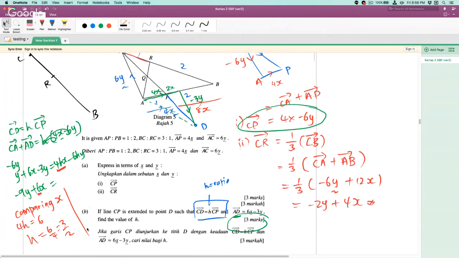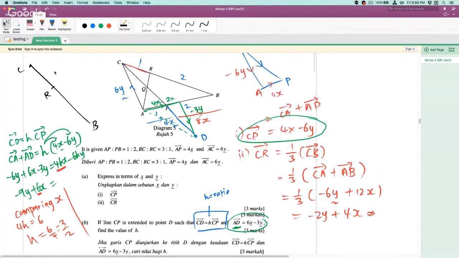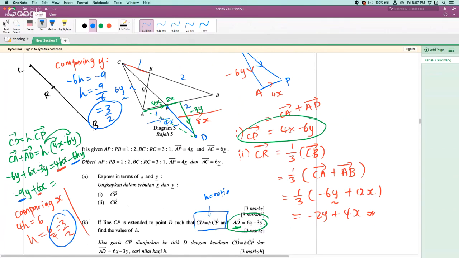If I compare y, my y over here is minus 9, here is minus 6h. So I can say minus 6h equals minus 9. h equals minus 9 over minus 6. h is equal to 3 over 2 also. You will find that both give you 3 over 2.